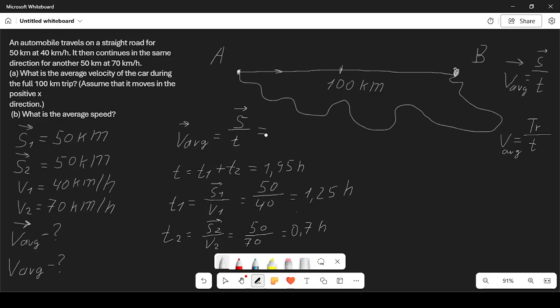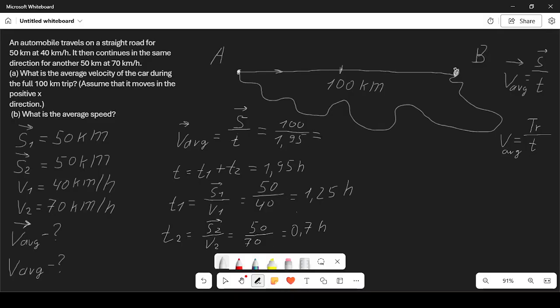Almost, but not exactly. The whole displacement we know is 100 kilometers between points A and B, divided by the whole time consumed, 1.95.